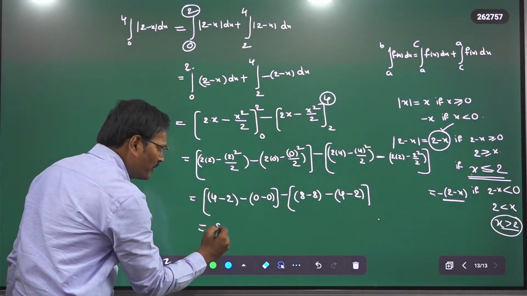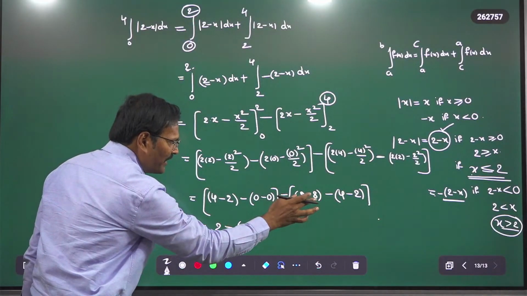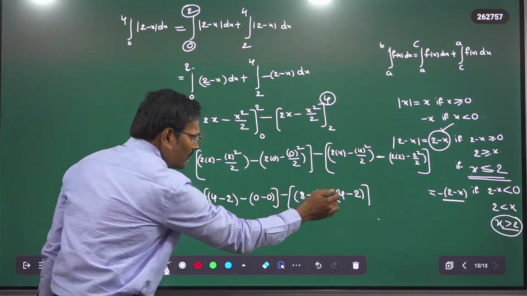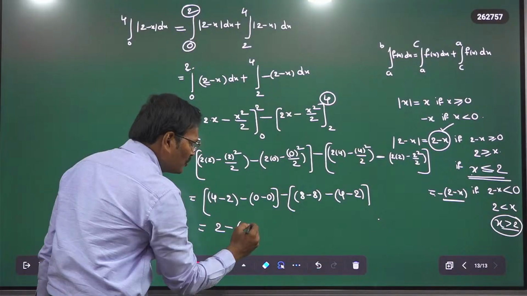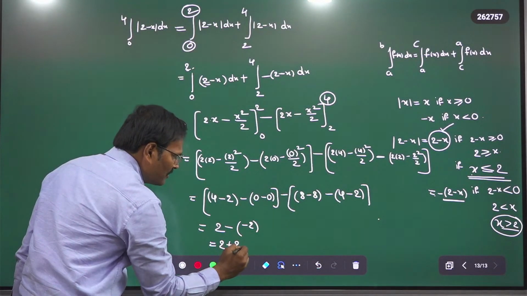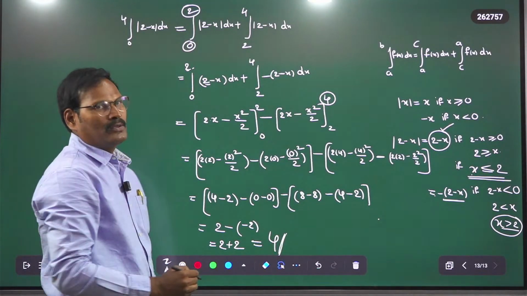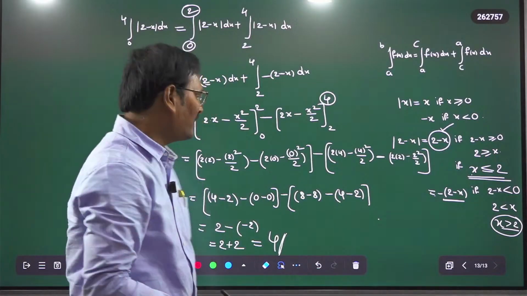So 4 minus 2 means 2, minus 0, minus 8 minus 8 means 0, minus of 4 minus 2 means 2. Minus into minus plus, 2 plus 2 is equal to 4. So here the answer is 4.